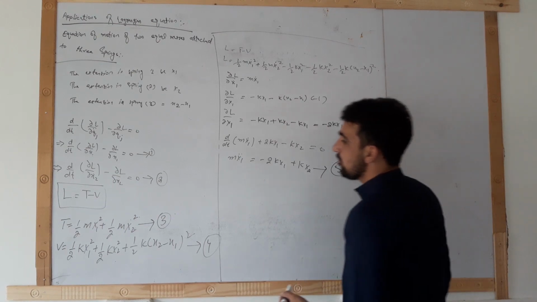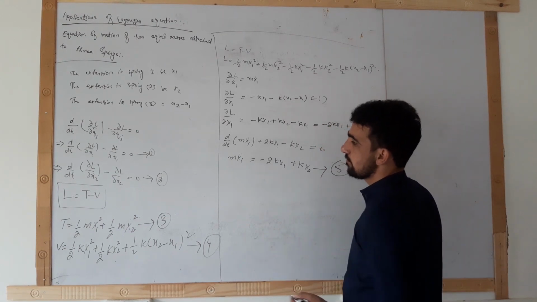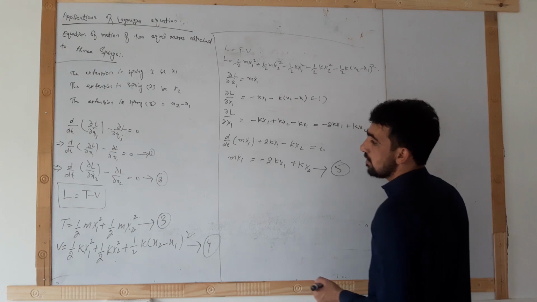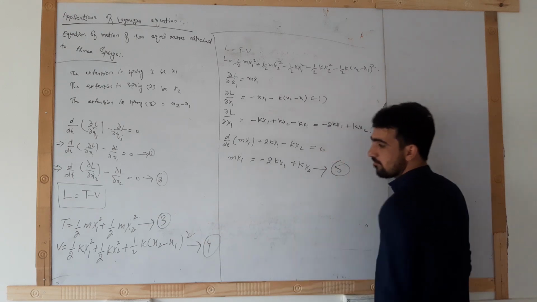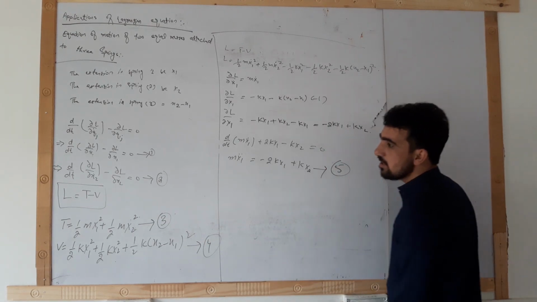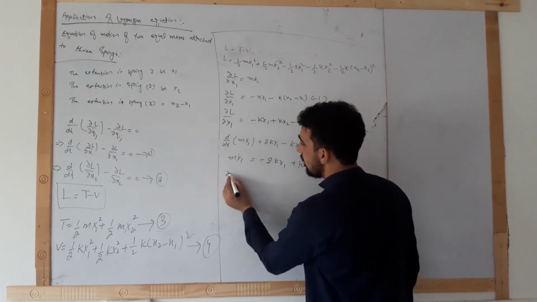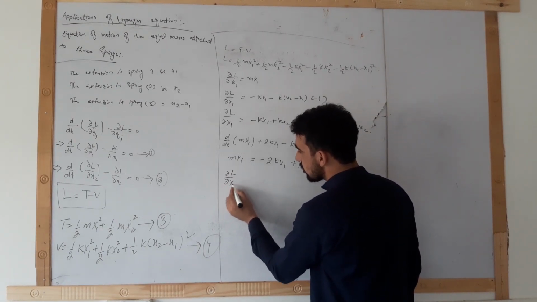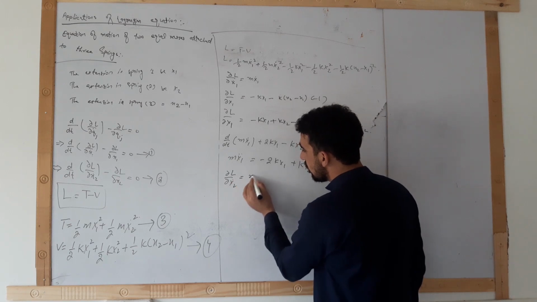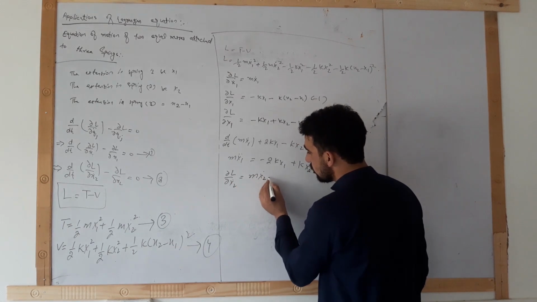Similarly, we can do it for equation number 2. Partial L by partial x2 dot is equal to m x2 dot.